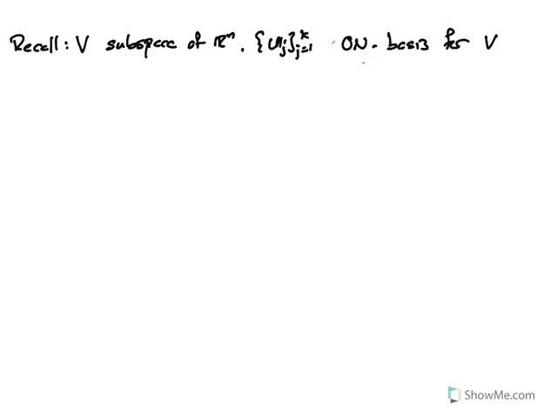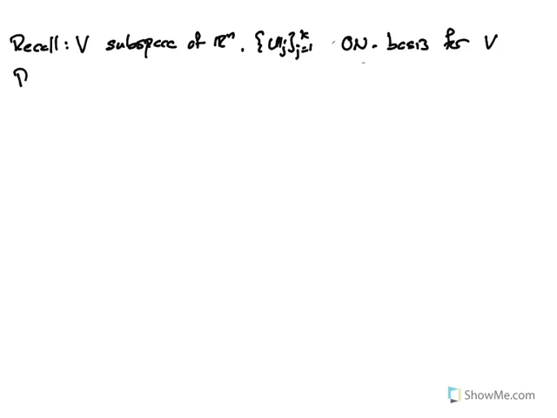So on the next slide, I'll just start by repeating a couple of definitions from the previous one. So the framing is the same as before. V is a subspace of Rn, it's a k-dimensional subspace, and I have an orthonormal basis Uj. Now what I'm going to do is define a matrix.